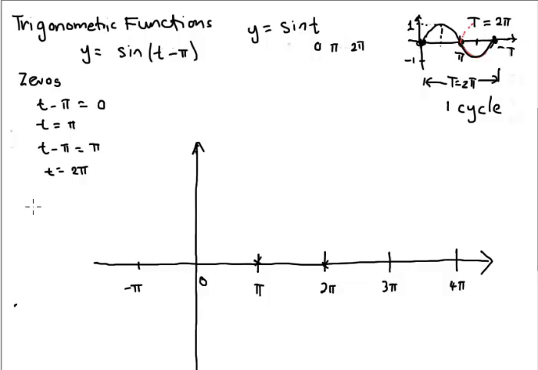Okay? Then the last one is when t minus pi is going to be equal to what? To 2 pi. And that will take us to t equals 3 pi. So we've got something like that. Then let's insert our 1 there for amplitude and the minus 1 there.